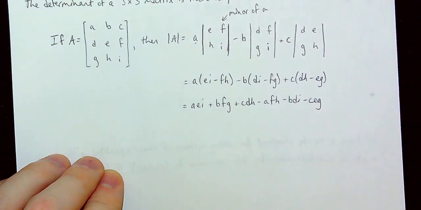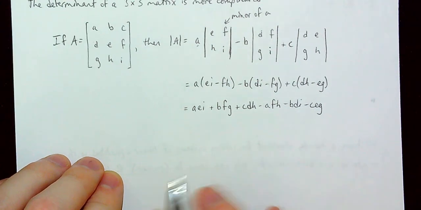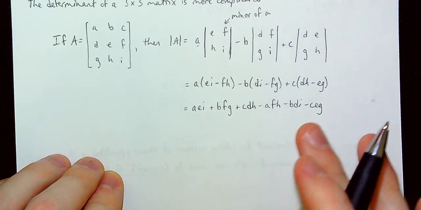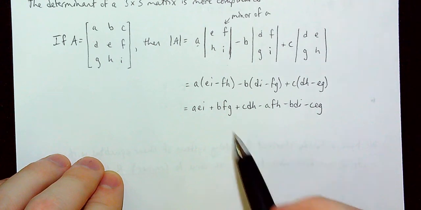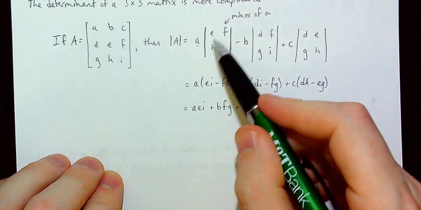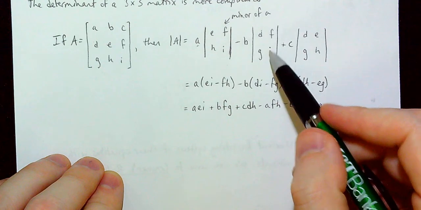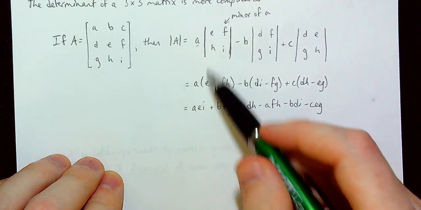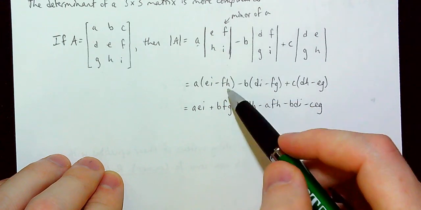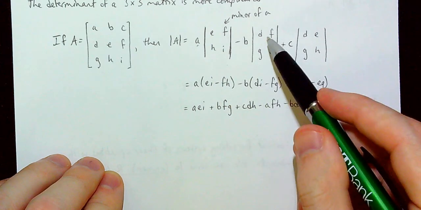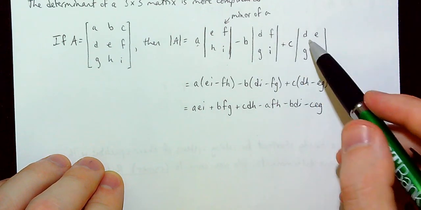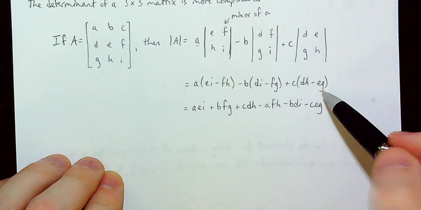But don't worry so much with thinking about it in terms of the minor if you don't want to. If you find that easier, by all means, stick with it. Go for it. But in terms of an actual formula, we know now how to find the determinants of these 2 by 2 matrices. So it's A times EI minus FH, minus B times DI minus FG, plus C times DH minus EG.